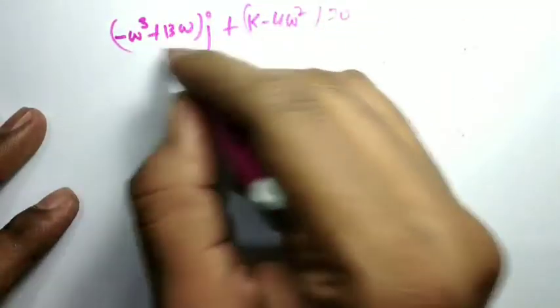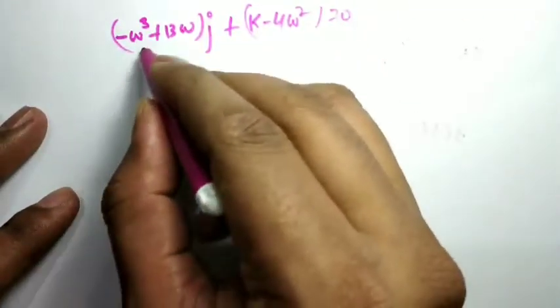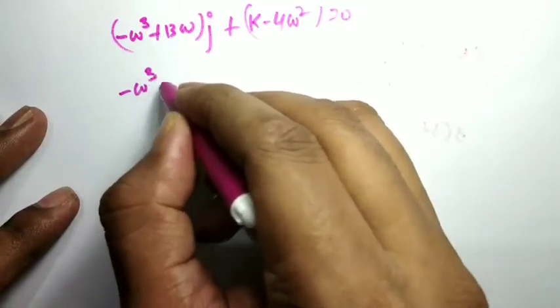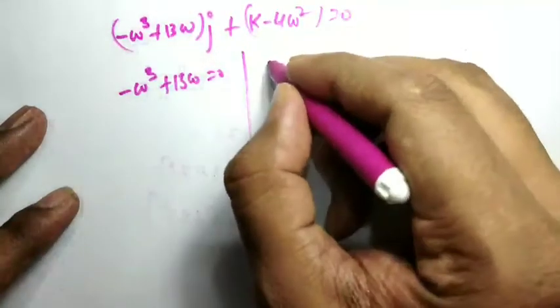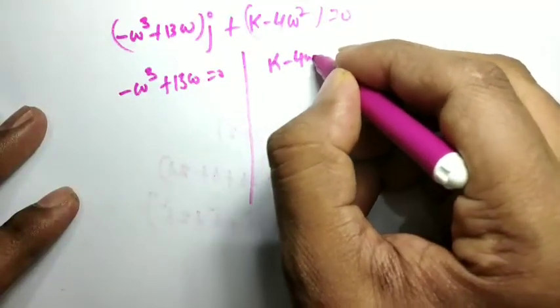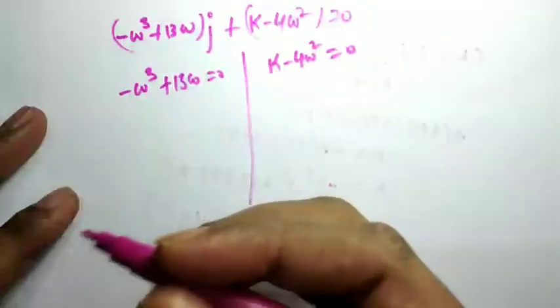So what you do, you take the imaginary part as 0 and the real part as 0. So if we take here minus omega cubed plus 13 omega is equal to 0, and here k minus 4 omega square is equal to 0, right?